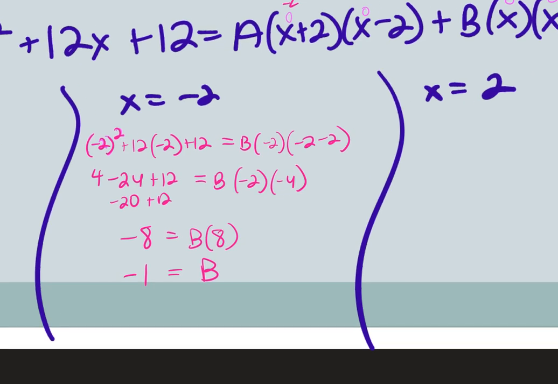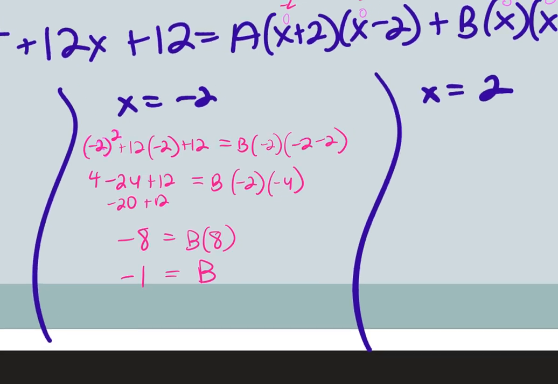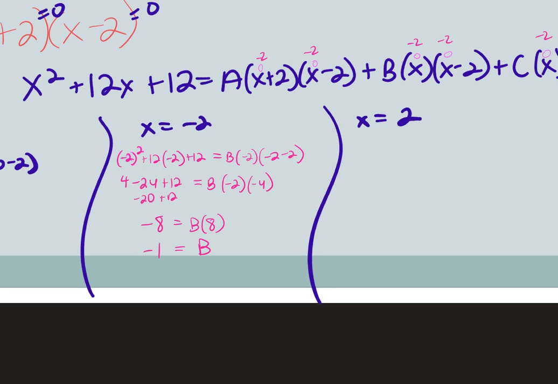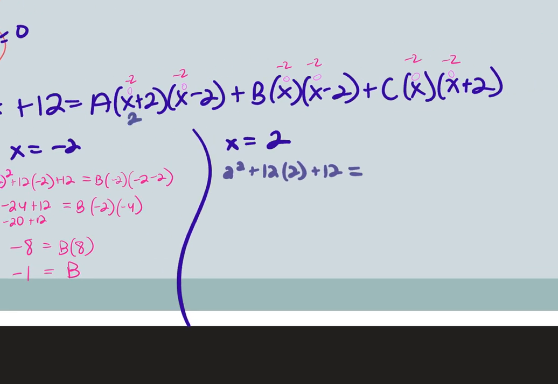And then the last one I'm going to do is 2, so it's still going to go in the left. 2 squared plus 12 times 2 plus 12 equals. If these are all 2's, what goes away? What becomes a 0? A and B. C is the one that's going to stay, right? So 2 minus 2 in A is going to become a 0, and 2 minus 2 in B is going to become a 0.